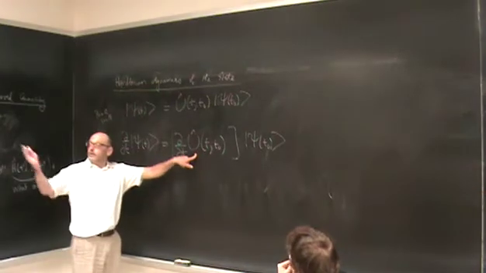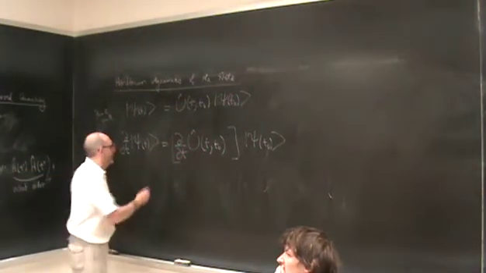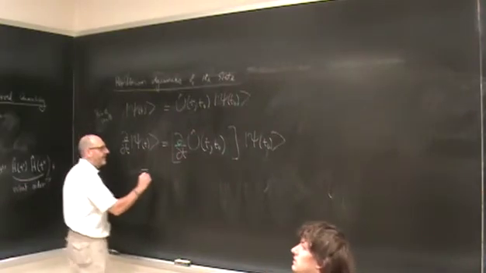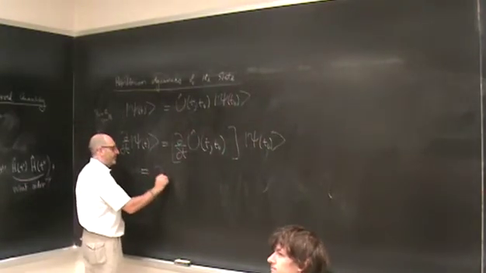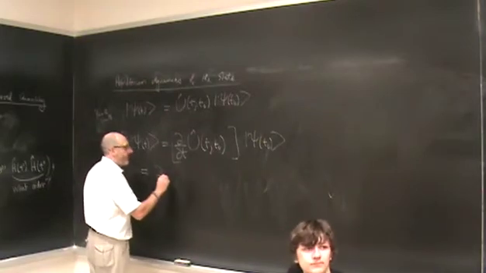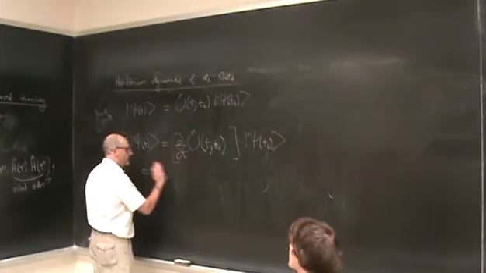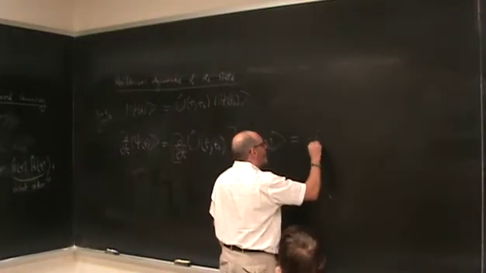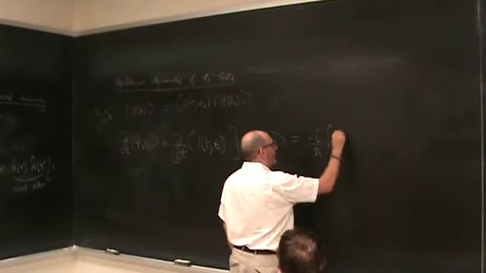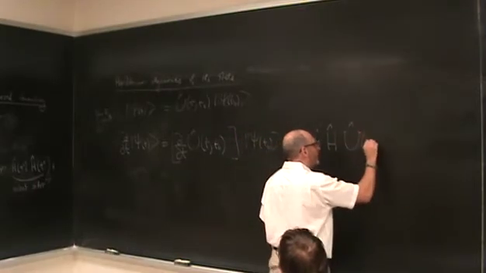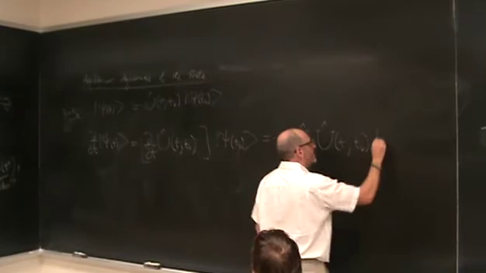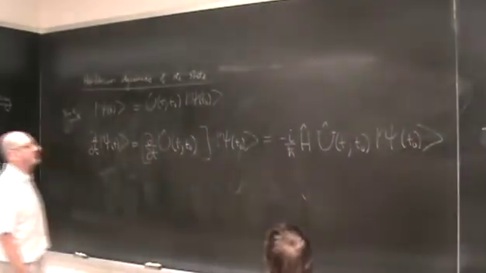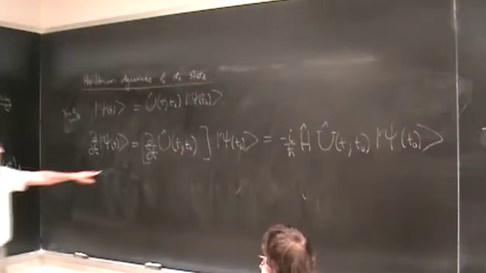And this, we say, is generated by the Hamiltonian. For the moment, let us again consider time-independent Hamiltonians pretty much from now on. So this is equal to minus i over h bar, the Hamiltonian, the time evolution operator, acting on that. Okay, just plugging in what we have.